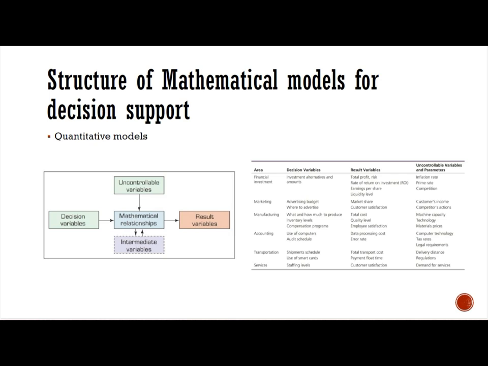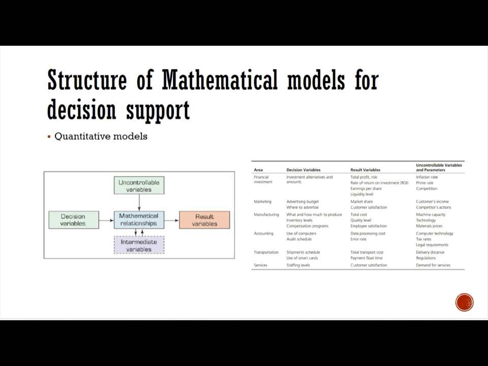Manufacturing: decision variable, what and how much to produce, inventory level, compensation; result variable, total cost, quality levels, employee satisfaction; non-controllable, machine capacity, technology. We can look at accounting: use of computers, audit schedule, data processing, error rate. Transportation: shipment and schedules, use smart cards, total transportation costs, delivery distance, services.